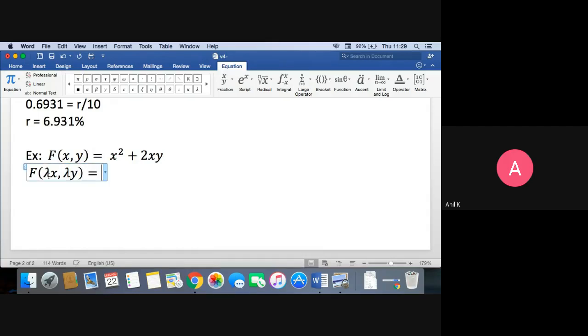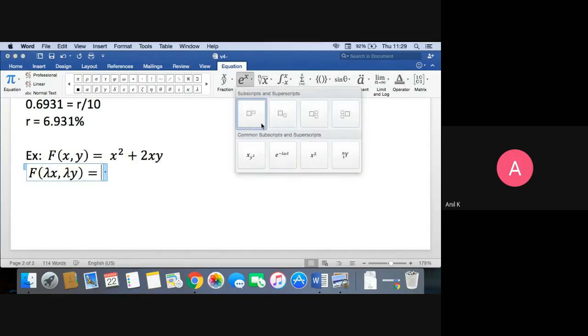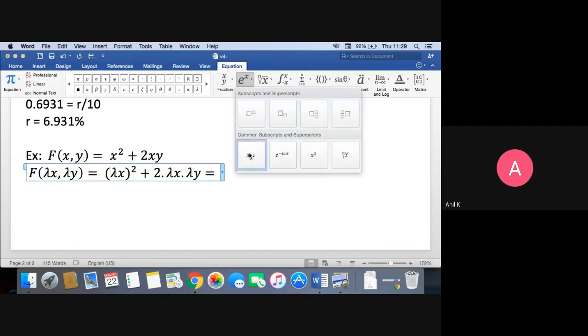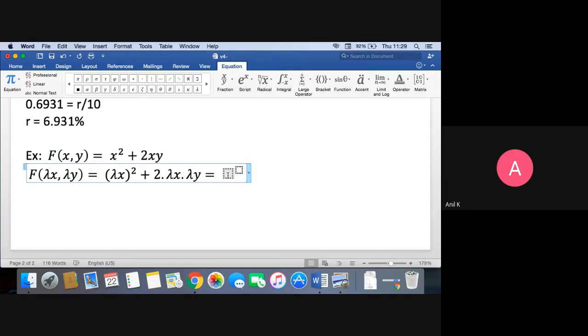Now what you get here is, as usual we substitute: lambda x whole square plus 2 into lambda x into lambda y, which equals, if I expand, lambda square will be common everywhere. So I have taken lambda square common from both the terms. Again you will get x square plus 2xy.